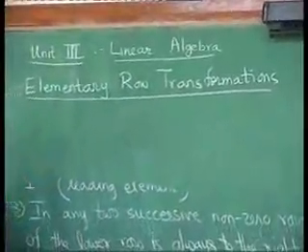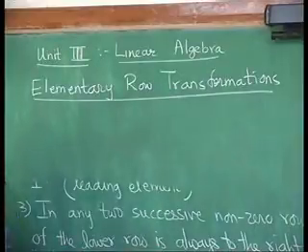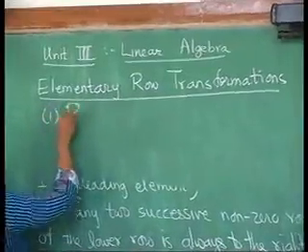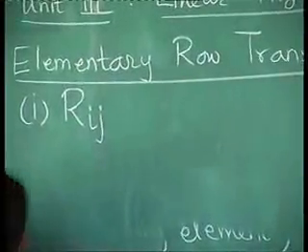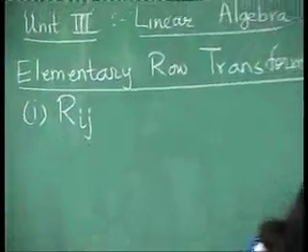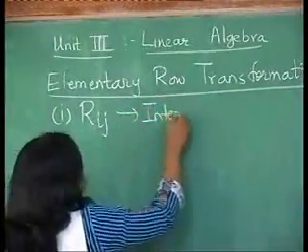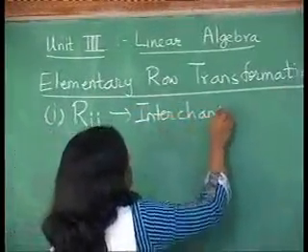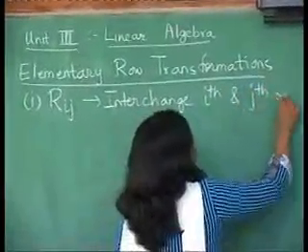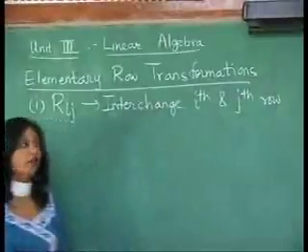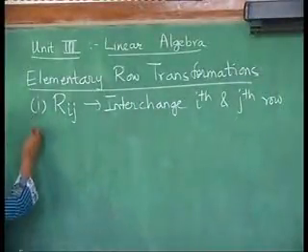There are 3 elementary row transformations that we can perform on a matrix. The first is Rij. Here we interchange the ith and the jth row. So Rij stands for interchanging the ith row and the jth row of the matrix.